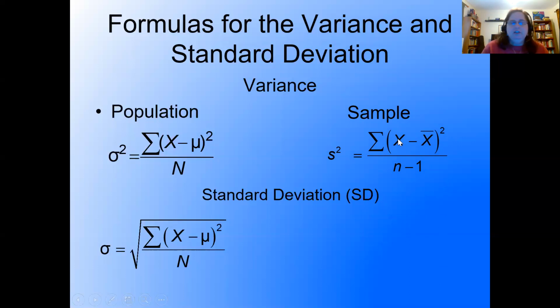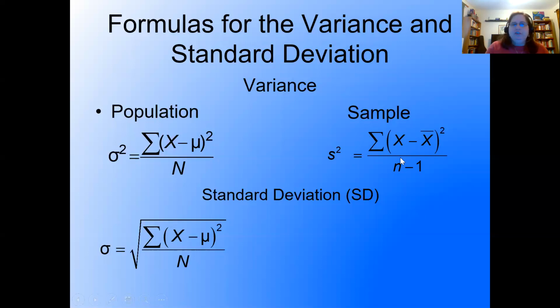We've got score, that's the same, minus the mean. This was a population mean, the mu. X bar is the sample mean, X bar. So we still have score minus the mean. We're still squaring it. We're still adding up all those squares.